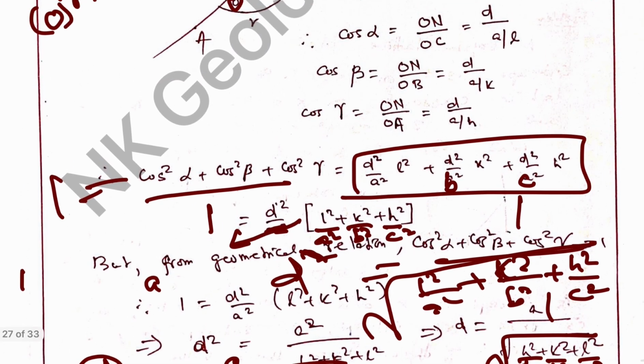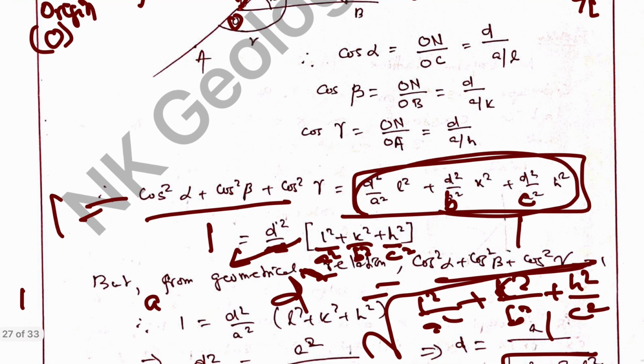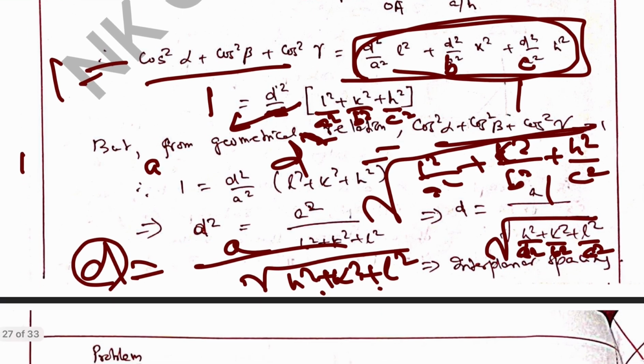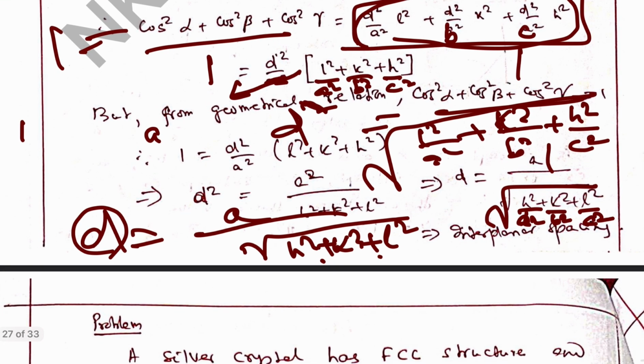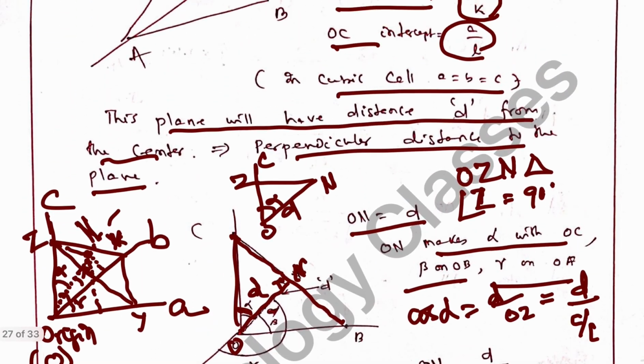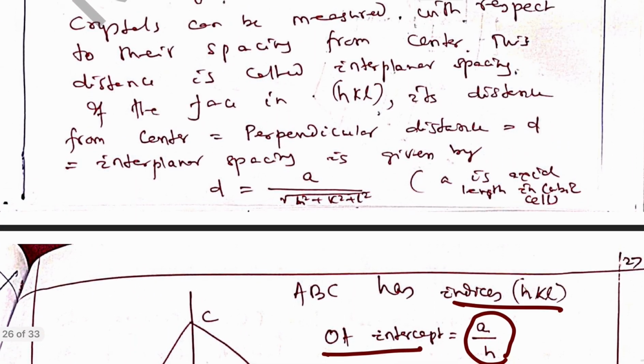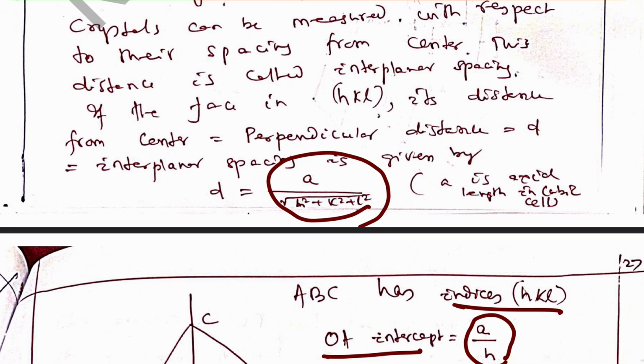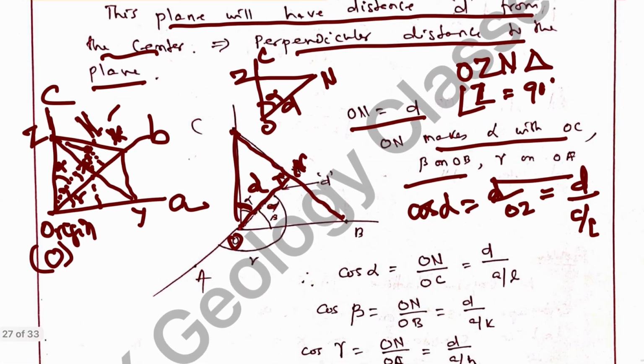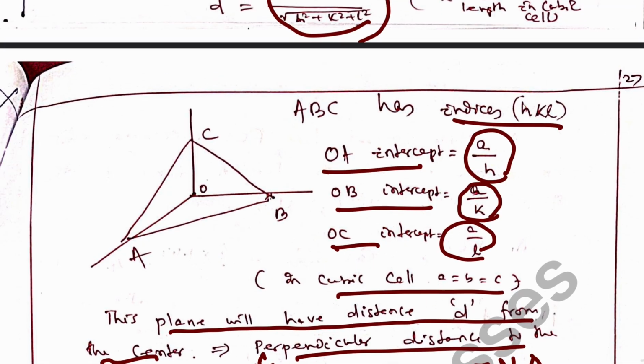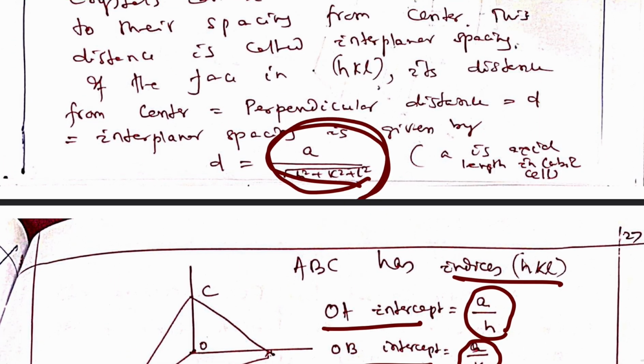This is the formula for interplanar spacing in the case of cubic unit cells. So by putting in this formula, we can find out the interplanar spacing for different faces.